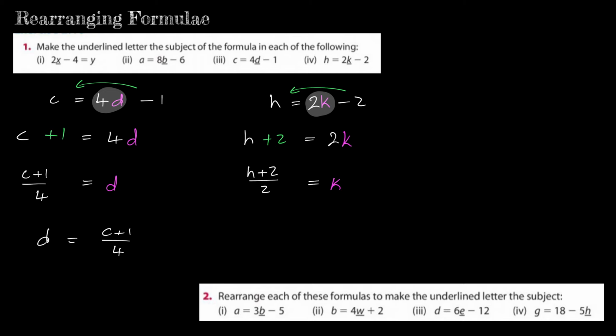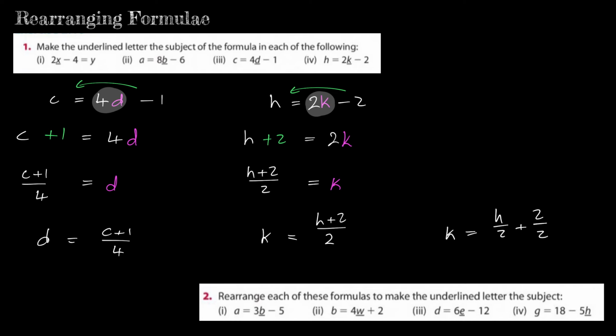And like I said, typically we write these with the K equals, so we just flip the equation, H plus 2 divided by 2. Now, at this stage, it is worth noting, right? You could write that answer in 2 other ways. So you could write that answer like this. You could say K is equal to H over 2 plus 2 over 2, which would also be correct.